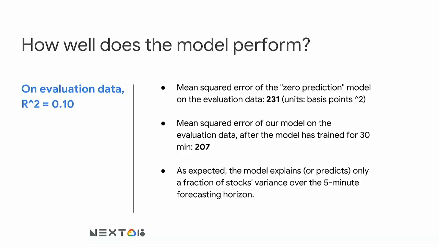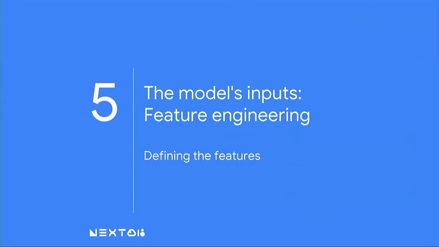And the mean squared error for our model on evaluation data was 207. So it was slightly better than the trivial model. And this is roughly what would be expected, because you do not realistically expect to forecast all or even most of the variance at 5-minute interval, because there is a lot of noise in intraday prices.